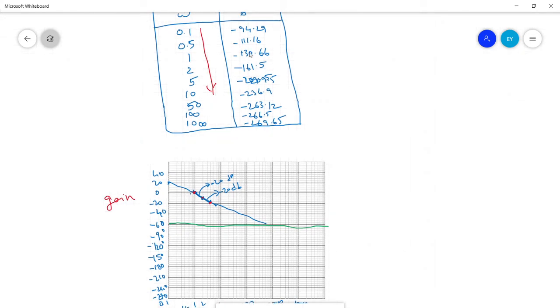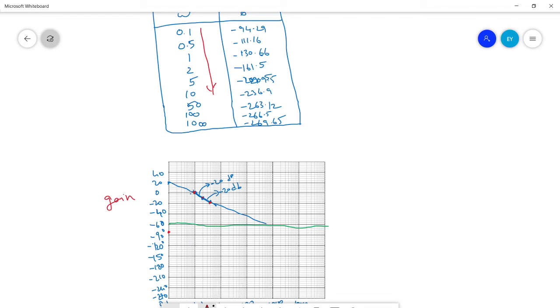We got minus 94.29. We can just draw it with the red. Minus 94.29 will come somewhere here. Then the next one is at 0.5.